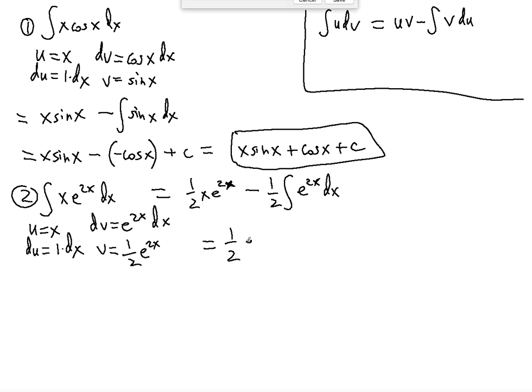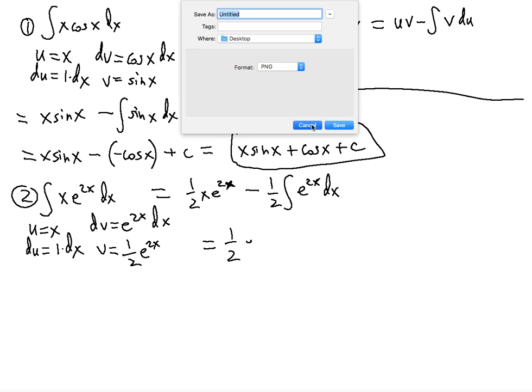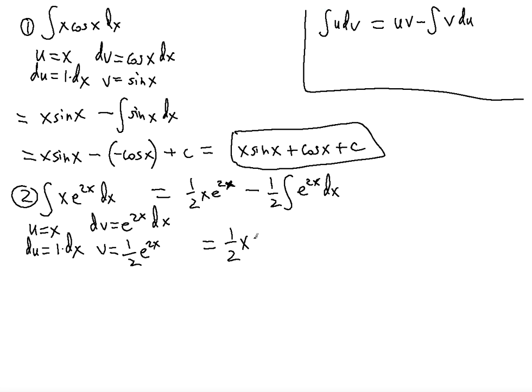1/2 x e to the 2x. As we already talked about, the antiderivative of e to the 2x is going to be 1/2 e to the 2x. So it's going to be minus 1/2 times 1/2 e to the 2x plus a constant.